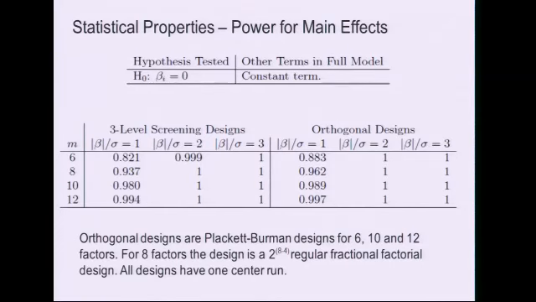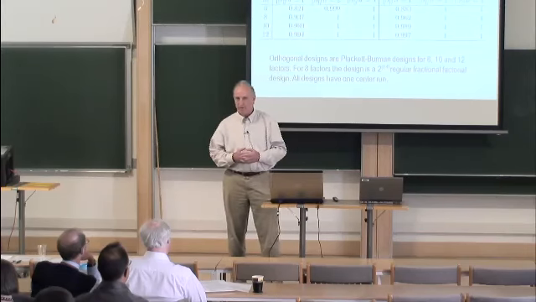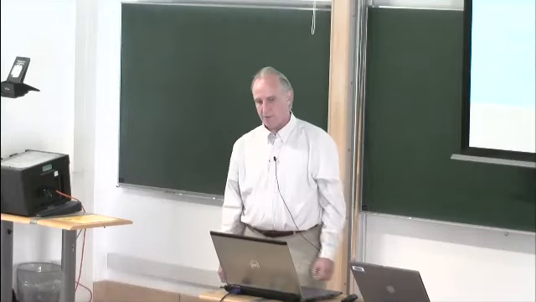And so we're comparing our designs with orthogonal designs. The orthogonal designs are Plackett-Burman designs for 6, 10, and 12 factors. That would be 12, 20, and 24 runs, plus adding a center run. And the 8-factor orthogonal design that we chose was the 2 to the 8 minus 4 regular fractional factorial design.